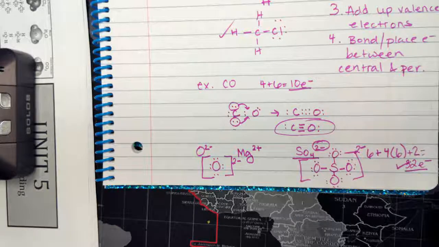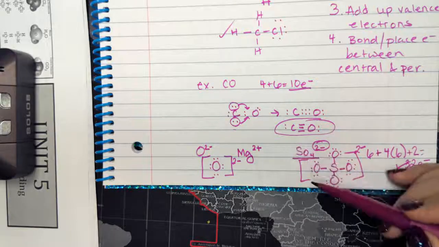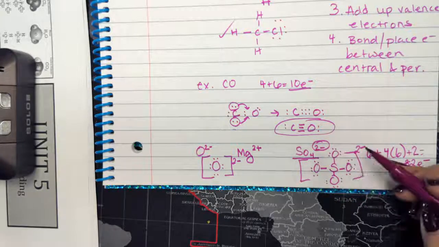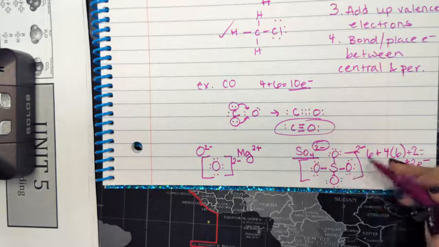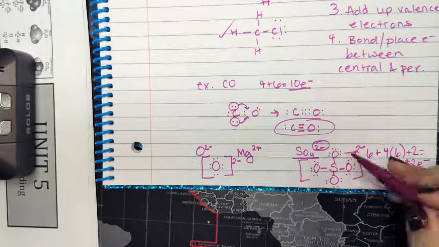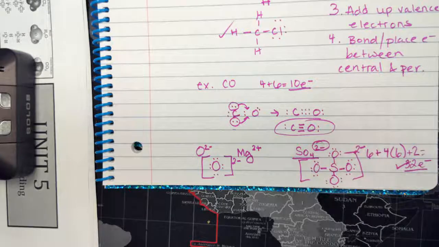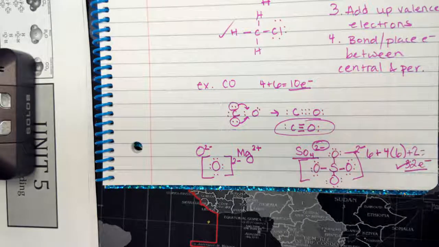It would get very confusing. So that's why when we are drawing Lewis dot structures with ions, it's showing you that we're adding 2 electrons to make all of our elements within that atom stable.